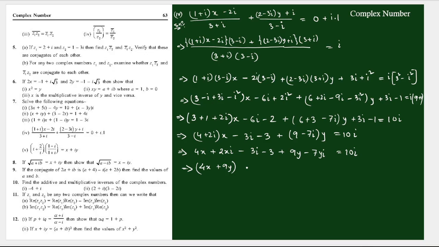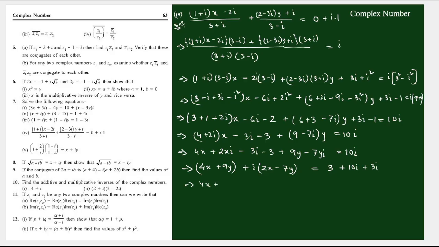तो क्या होगा यहाँ पे, plus i क्या आएगा, 2x minus 7y equal to minus 3 becomes plus 3, plus minus 3i becomes plus 3i. So 10i plus 3i.